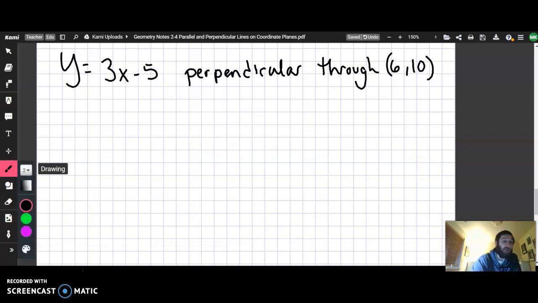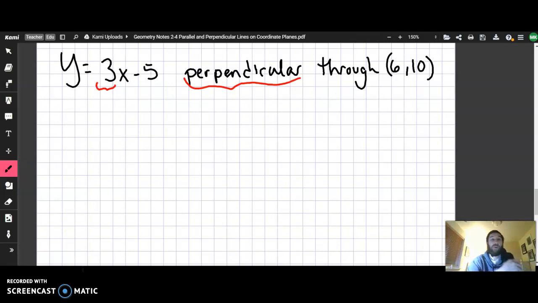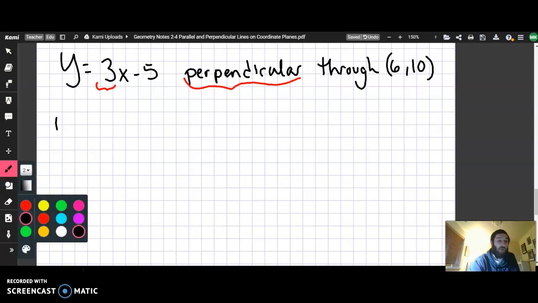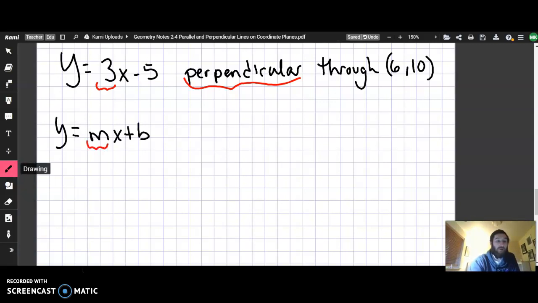In this case, our slope is perpendicular, which means our 3 is going to be the opposite reciprocal. So while we're still using y equals our mx plus b, the slope, our value of m, is going to be negative 1/3, because it's going to be flipped and the sign is going to change.